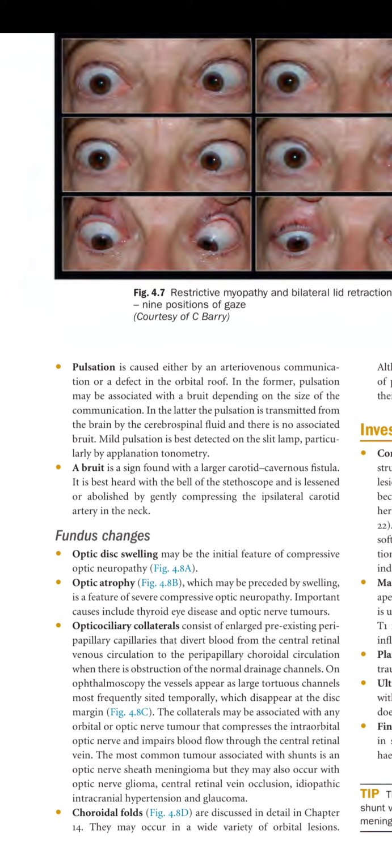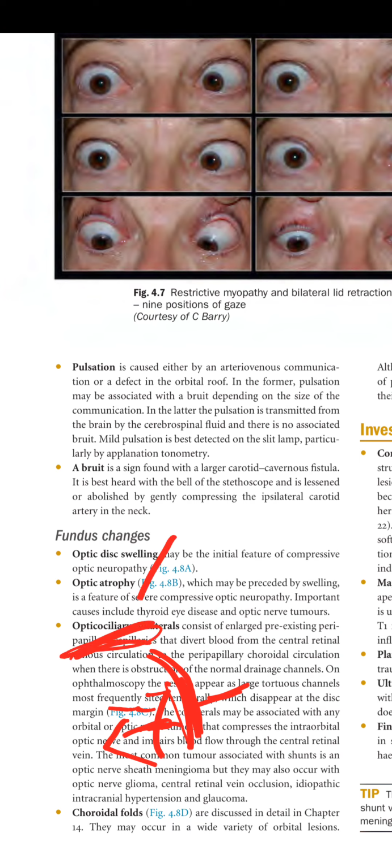Mild pulsation is best detected on the slit lamp, particularly by applanation tonometry. So pulsation means the eye is having a pulse, like you can see a sudden increase and decrease of the eyeball, and the pulsation suggests that there are two things.